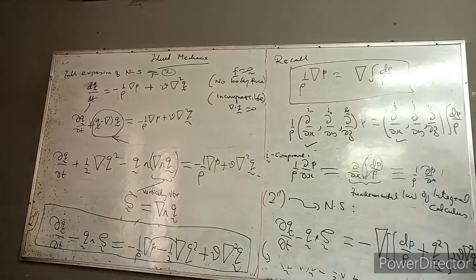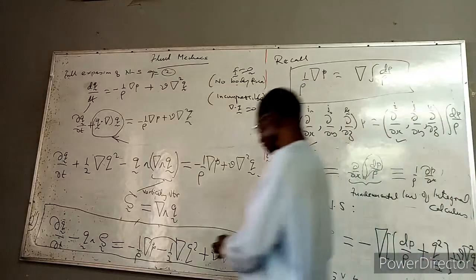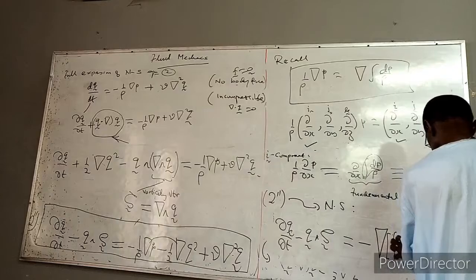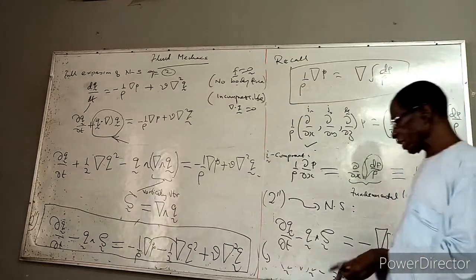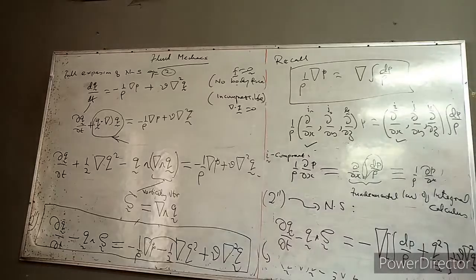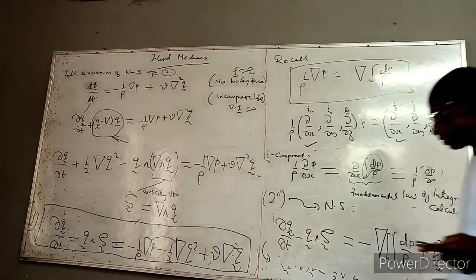It is obvious because I've replaced this one with this now. Please take note that this is a scalar, whereas this one is a vector. So everything here is grad of a scalar.